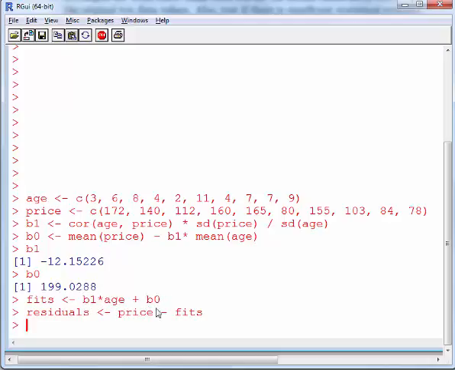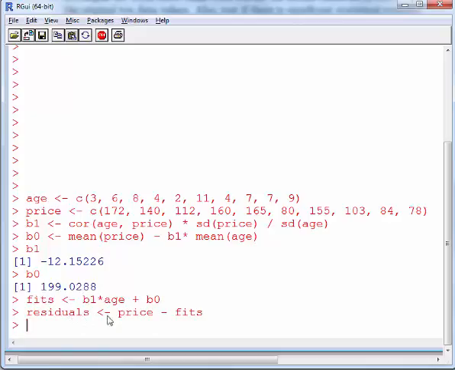Now this is the way R works. When it sees a vector and we're trying to add a constant to it, you want to think of this now as a vector where all the values are B naught. So this will get the fits along the line.